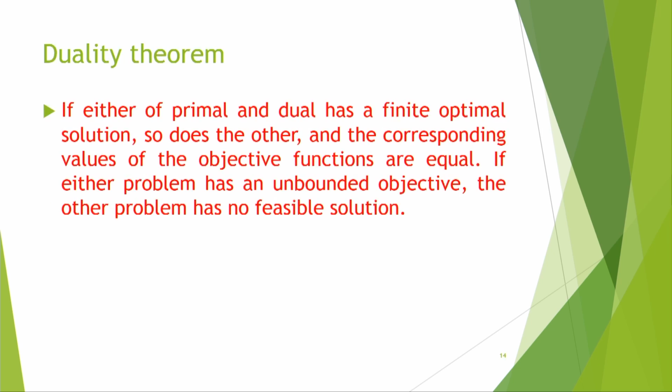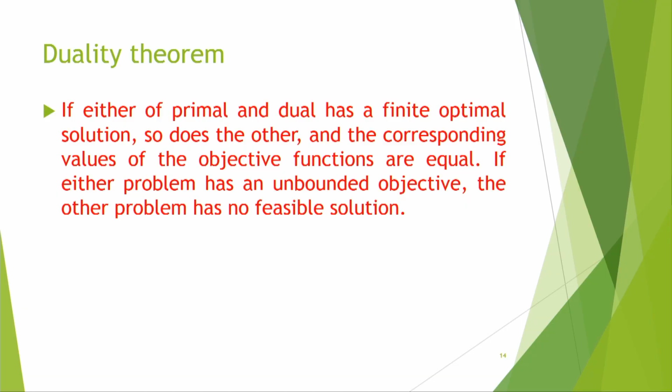Now, one thing is popular by the name of the duality theorem. The duality theorem says that if either of primal and dual has a finite optimal solution, so does the other.